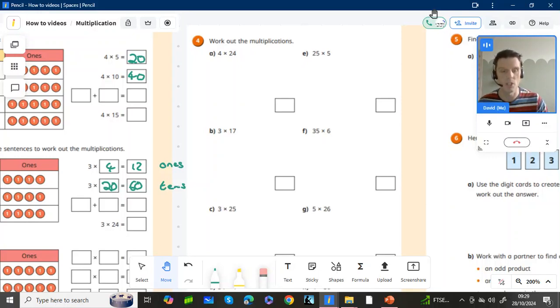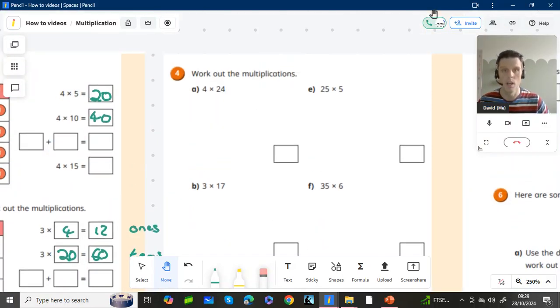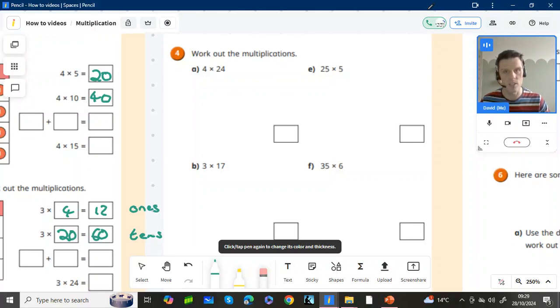And what I'll do, because it's in two parts, so you can see it clearly on your screen, I'll zoom in. I'll model this part, you can answer these four parts, okay? And then when you're ready, I'll scroll it down and you can pause the video there and you can answer the next four parts.